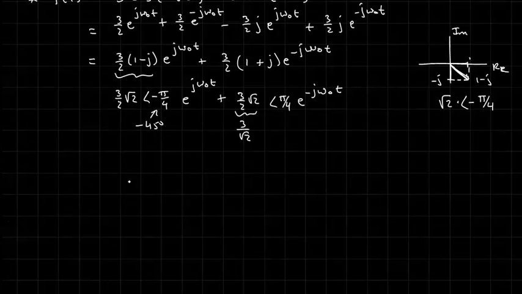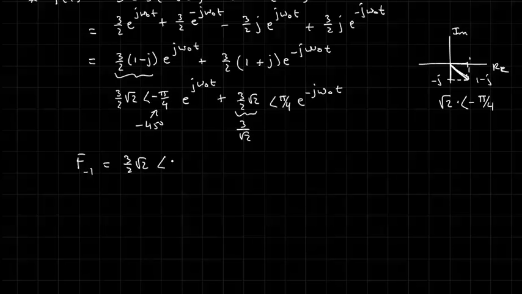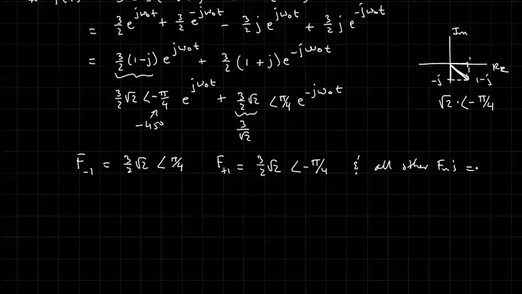So now f of minus 1 is equal to 3 halves root 2 angle of 45 degrees. f of plus 1 is equal to 3 halves root 2 angle of minus pi over 4, and all other f of n's are 0.